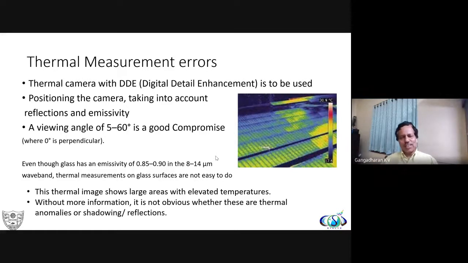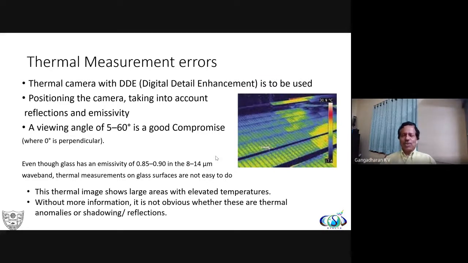Then we saw that it is not the normal thermal camera which we need. We need a thermal camera with digital detail enhancement. Presently most of the high-end cameras come with DDE, which is called digital detail enhancement. It will be able to identify whether it is a reflected image of a metal surface which is at a low temperature but, because of the shining nature, is reflecting the IR rays, or whether it is the actual temperature itself. So that was one case.